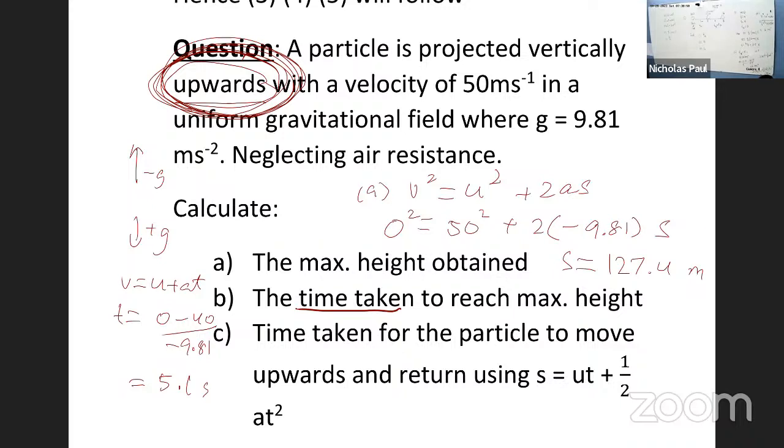Part C has told you what to use. So what is that?